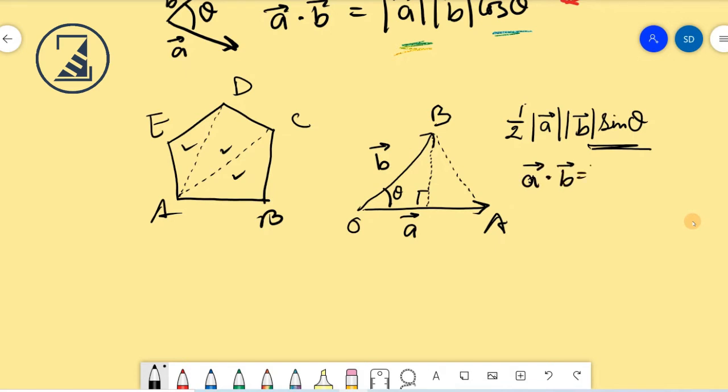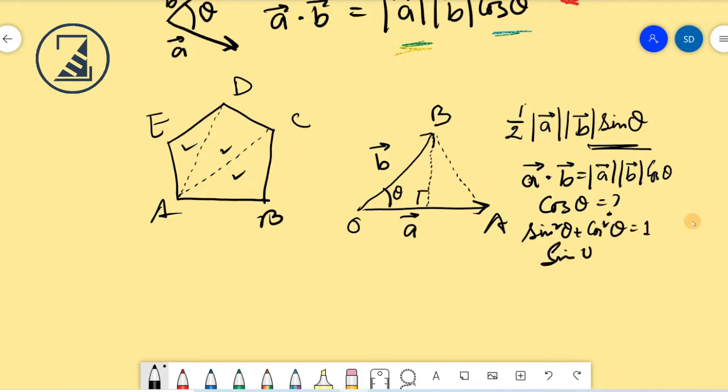A dot B is mod A mod B cos theta. From this definition, we can find out cos theta, and then using the relation sine square theta plus cos square theta equal to 1, we can find out sine theta, and that will do the job, and we can find out the area of the triangle only using the concept of dot product.